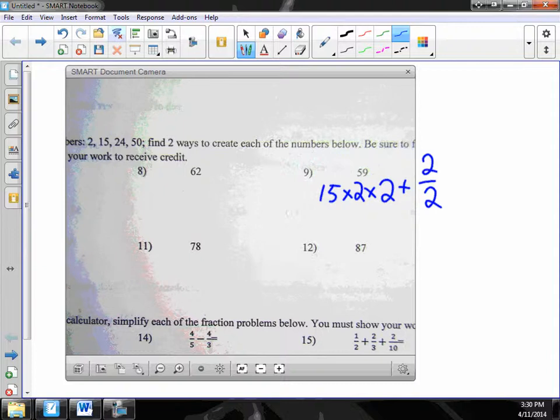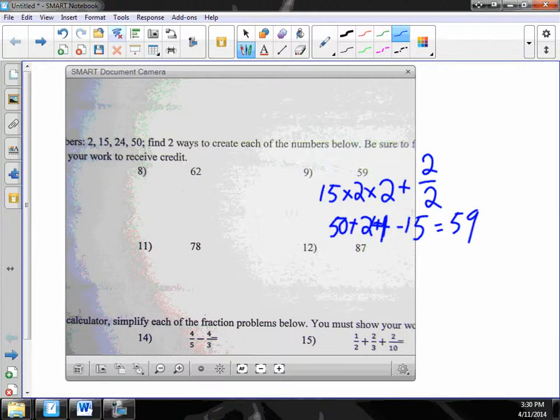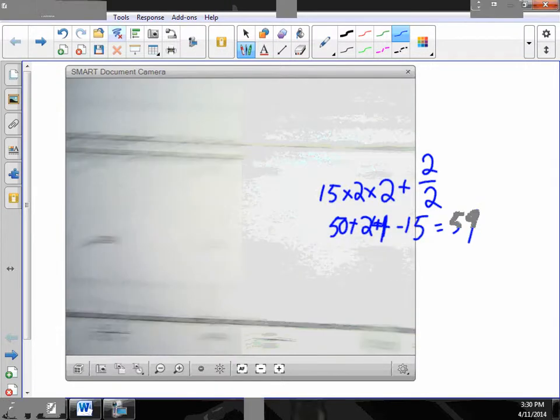We could do 50 plus 24. Oh my goodness. That's 74. And if I minus 15, that would equal 59. So you need 2 examples of each one, and try to keep the list as small as possible, because the smaller the list, the faster you're going to be able to solve the problems next week.